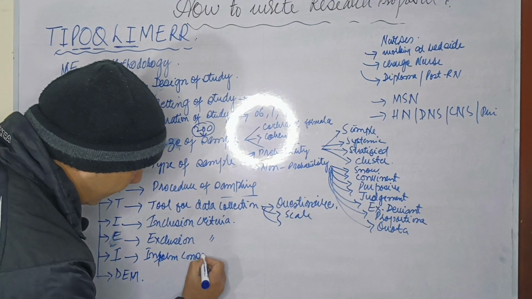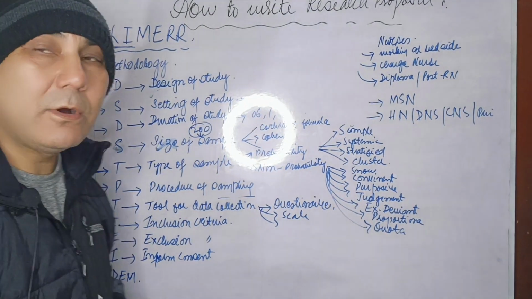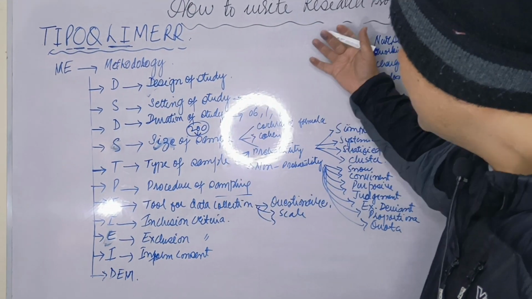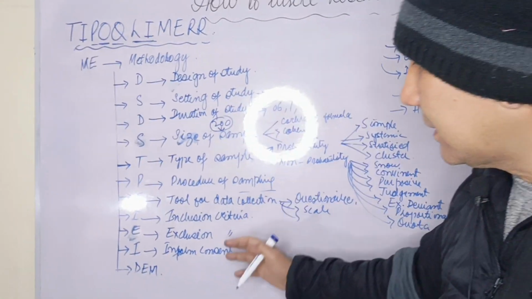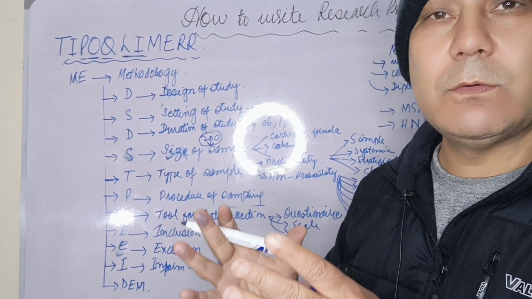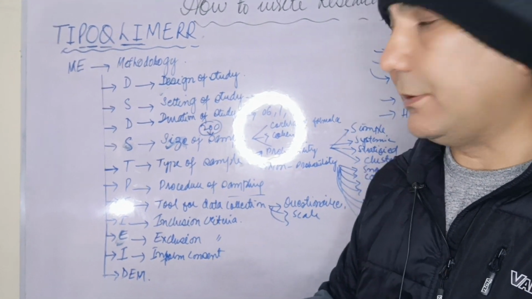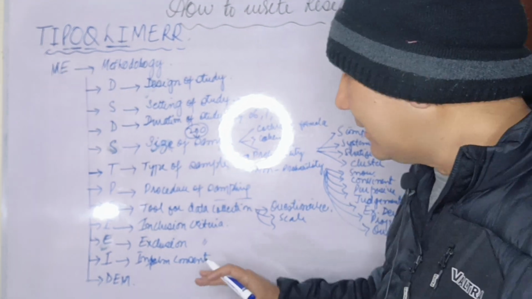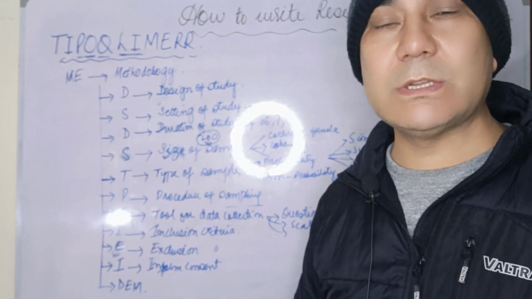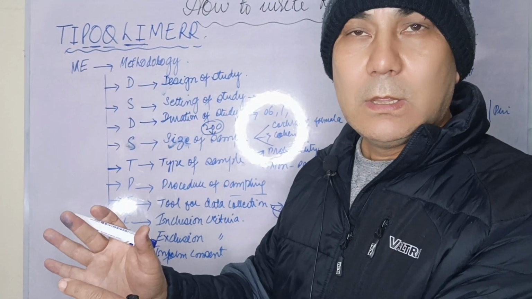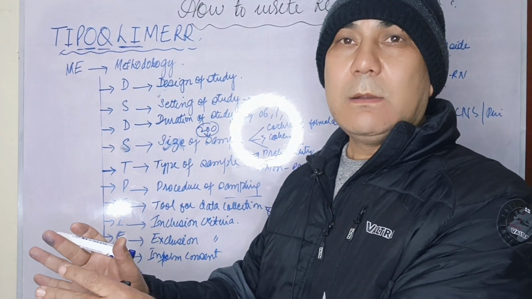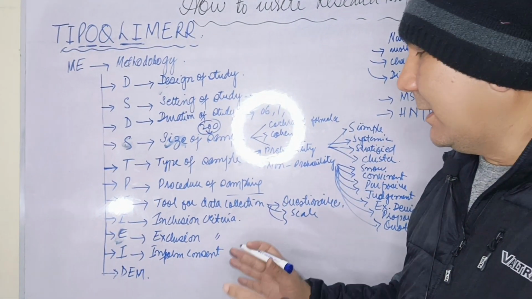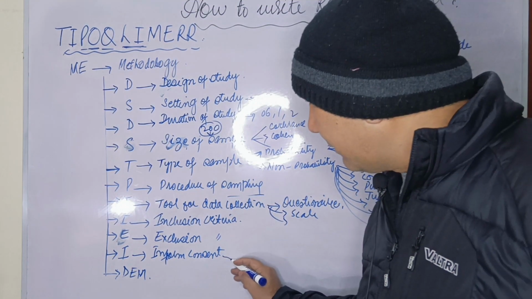When you submit your research proposal, definitely with it you will prepare your informed consent. It is very necessary for the ethical review board, ERB or ERC, when your research proposal is sent to it.